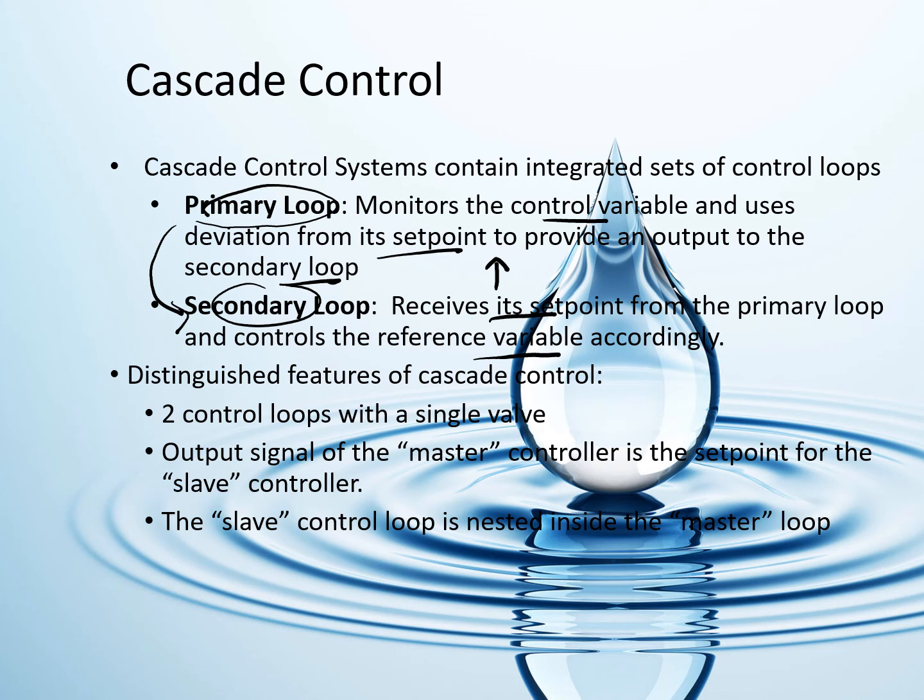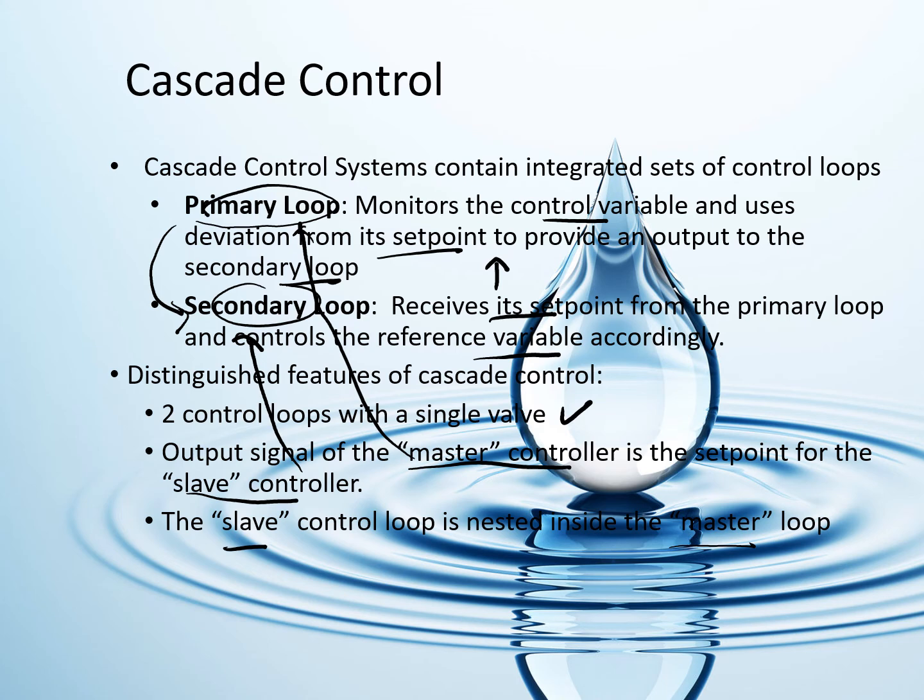Distinguishing features of cascade control: two control loops with a single valve. The output signal of the master controller is the set point for the slave controller. The master controller is the primary loop, meanwhile the slave controller is the secondary loop. The slave control loop is nested inside the master loop.